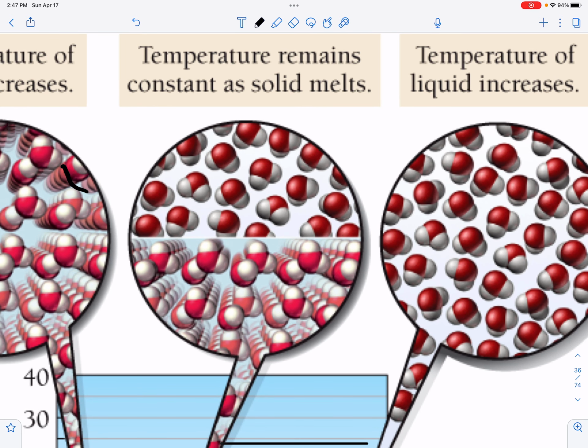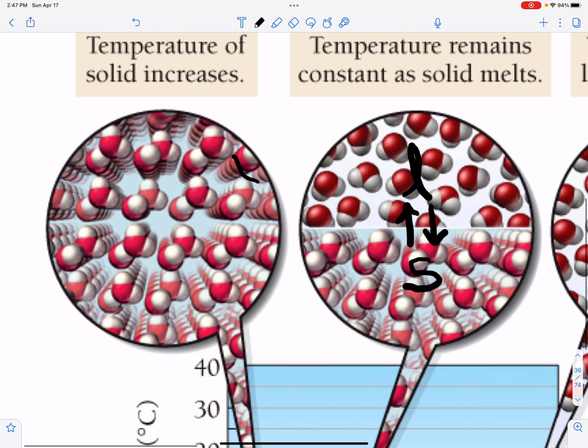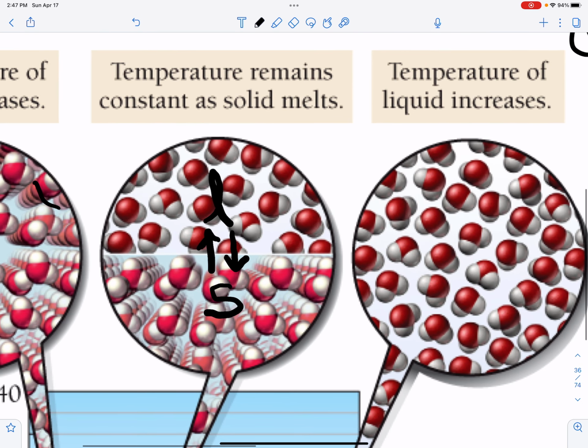During the process of actual melting, you're going to have your solid and the liquid in a perfect equilibrium where they are interchanging from one to another. On the solid, all you have is just one phase. On the actual melting, you have both phases together, the solid and the liquid.